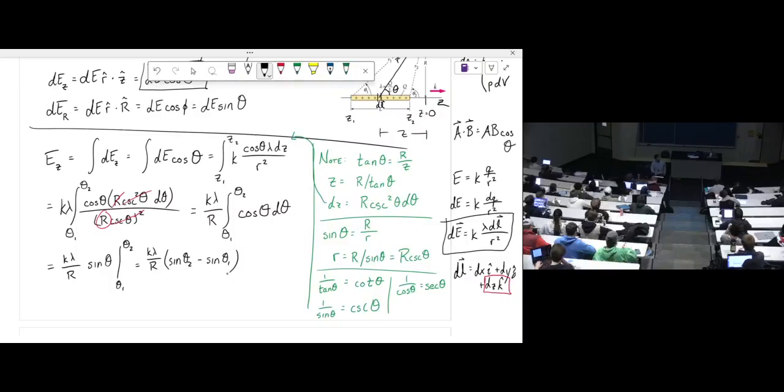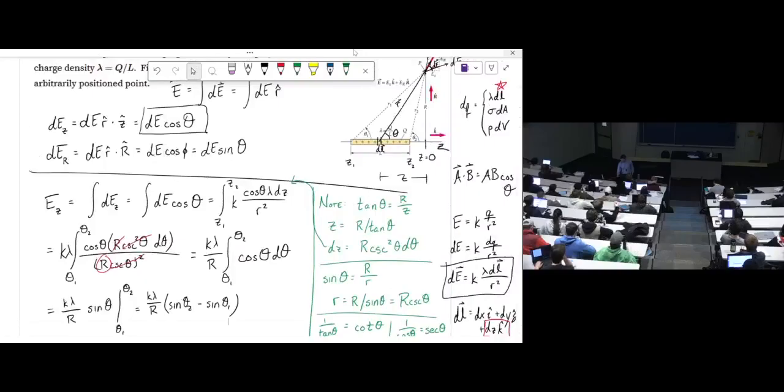But most problems are not going to give you what theta 1 and theta 2 are. Most problems are going to have you solve it in terms of the original variables, meaning you know where z1 is from the origin, you know where z2 is from the origin, and you know how far away the point is, big R, from the origin.